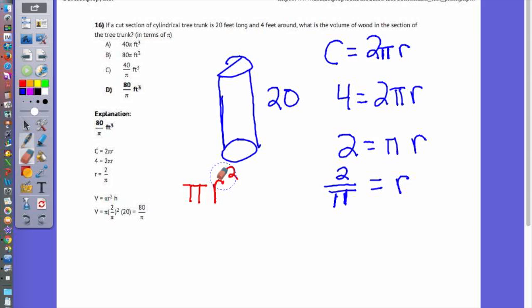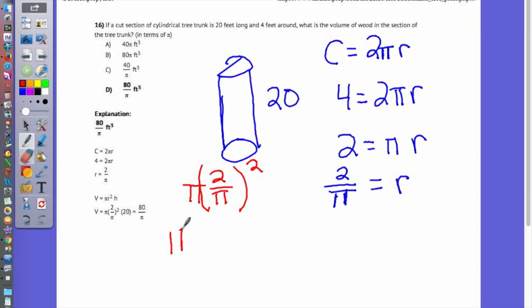I have the term 2 over pi, and that's squared. So first I deal with my exponent.